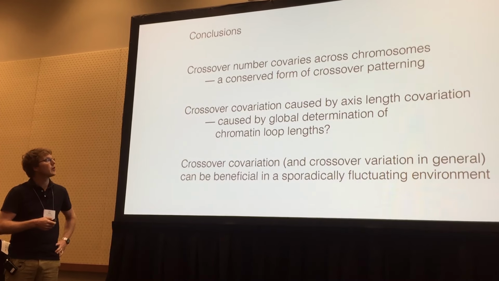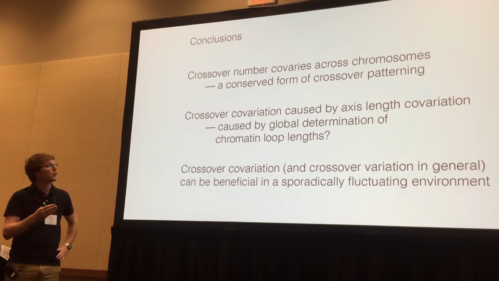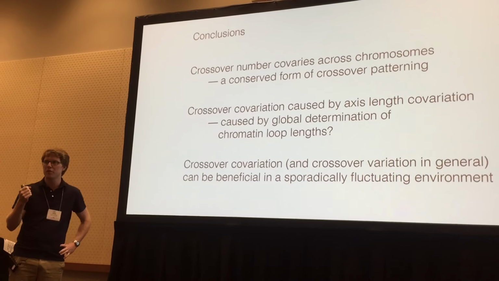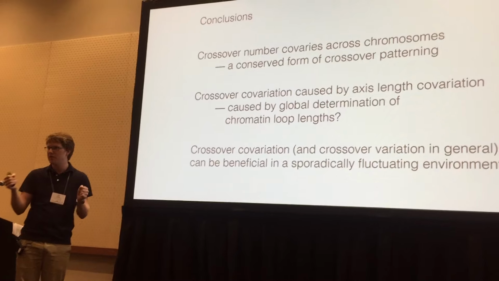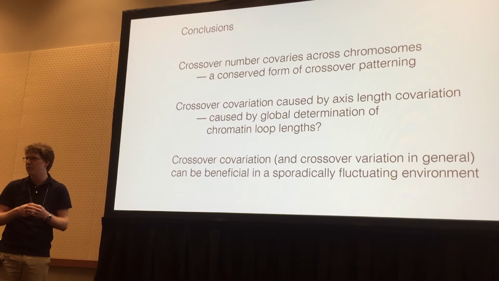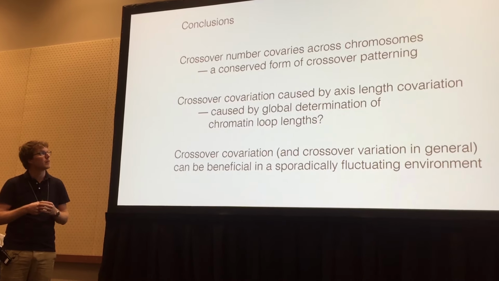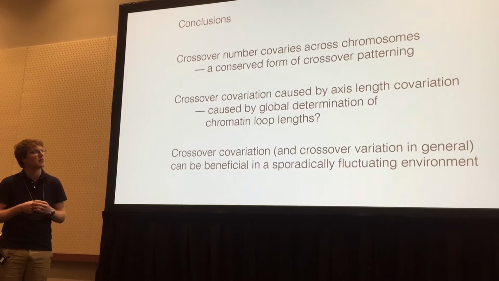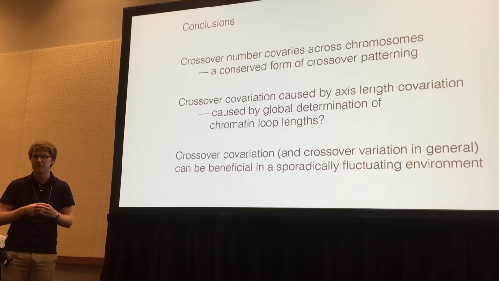Okay, so in conclusion, I've shown you a new form of global crossover patterning, that the number of crossovers co-varies positively across chromosomes within individual meiotic nuclei. This crossover covariation appears to be conserved across eukaryotes.